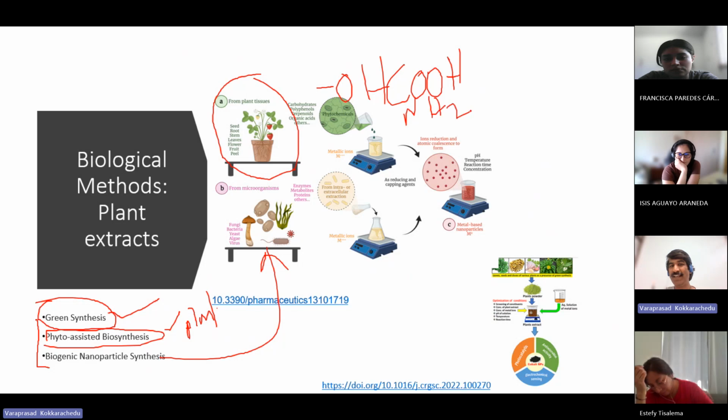They start to react with the metal solution. Then when you do a little pH adjustment, the nanoparticles will form here.